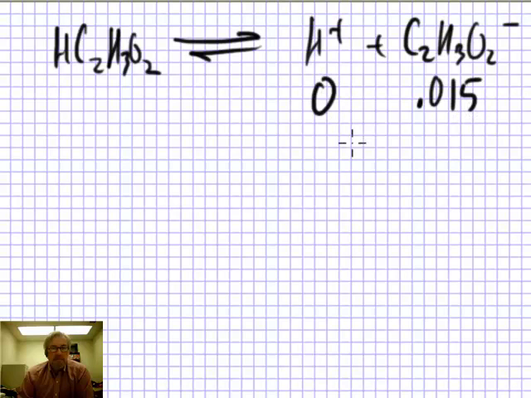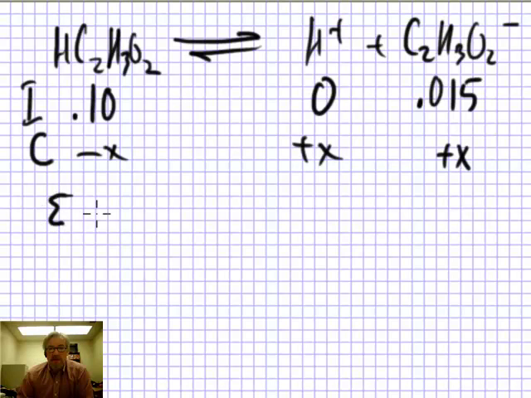That's a 0 for H+, and this is a 0.10 molar acetic acid solution. So that's our initial concentration. And then here's our change. Once this whole thing dissociates, this is going to be minus X, plus X, and plus X, we'll say. So at equilibrium, this is 0.10 minus X, X, and 0.015 plus X.